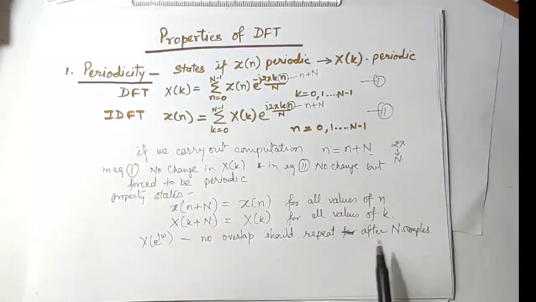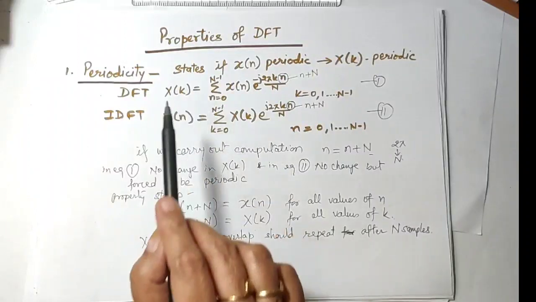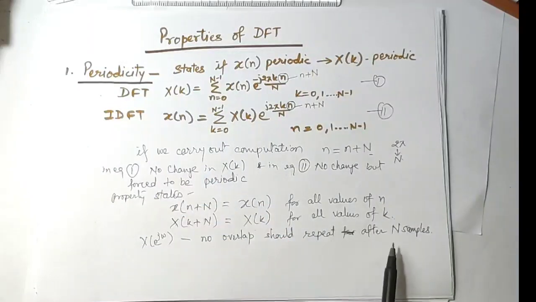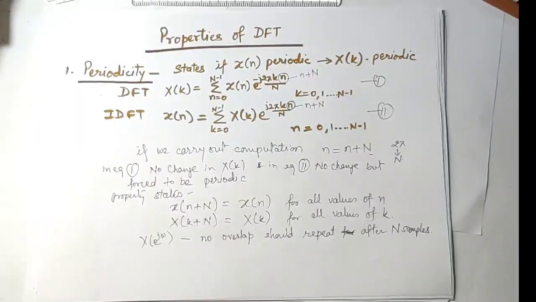Whatever finite sequence we had will repeat after N samples, and then there will be no overlap if we have a finite sequence and we are taking n plus N, so X(e^jω) has no overlap.